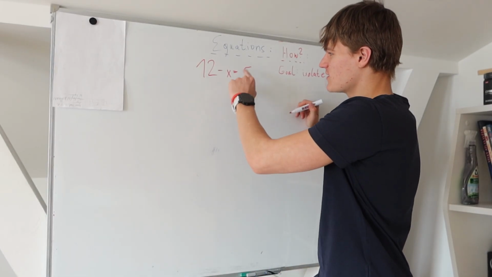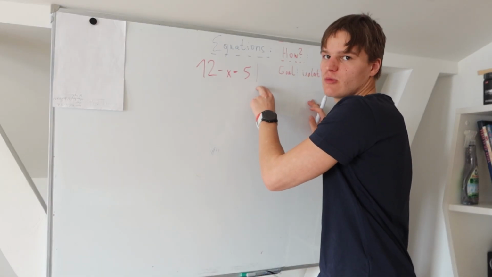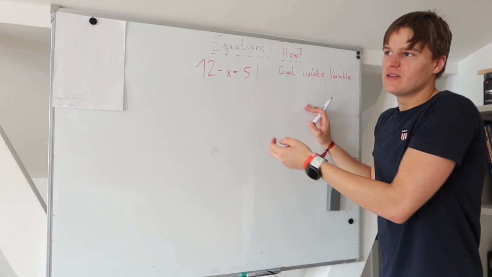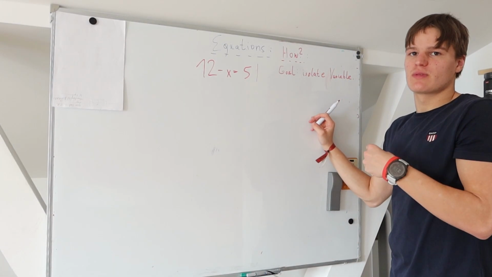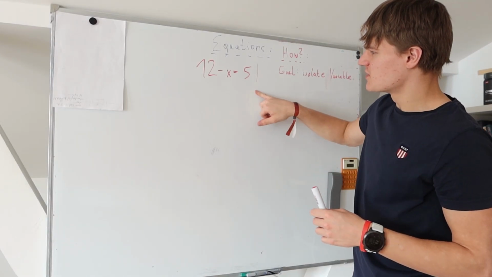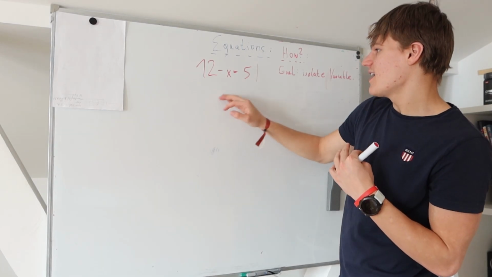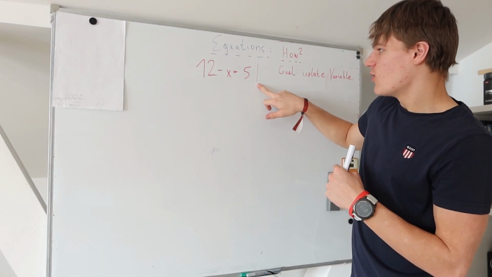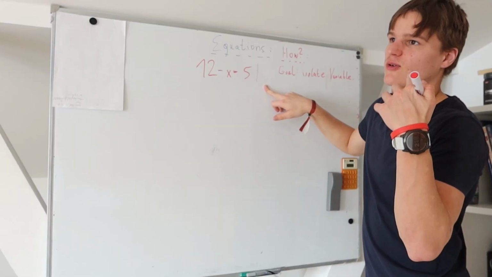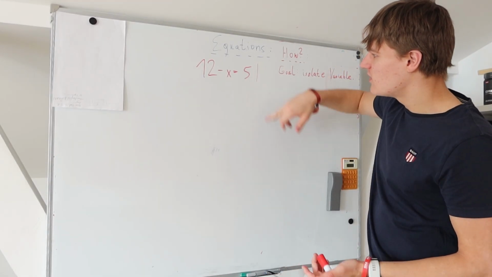So 12 minus x is equal to 5. So we have a straight line there. This is basically the operation that we use when we do something with functions. This is not the function, this is just the equation, and this whole equation will be multiplied or divided or squared or plus minus by what is behind this straight line.